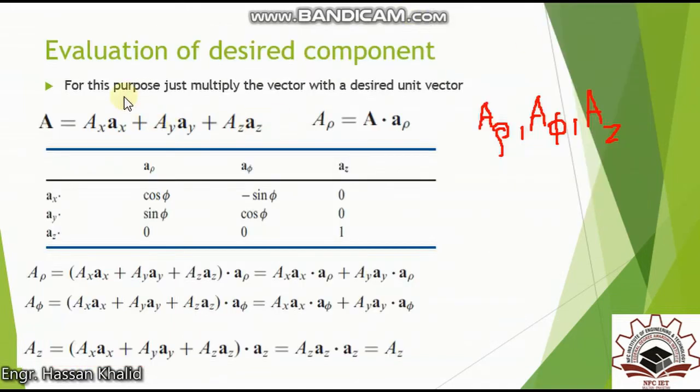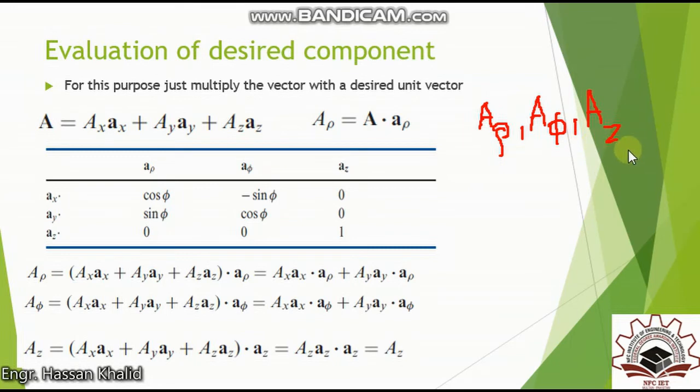Now suppose that you have been given a vector in the rectangular coordinate system whose lengths are ax in the direction of x, ay in the direction of y, and az in the direction of z. You need to transform this vector into the cylindrical coordinate system that will have components a rho in the direction of rho, a phi in the direction of phi, and az in the direction of z. So how can you evaluate it?